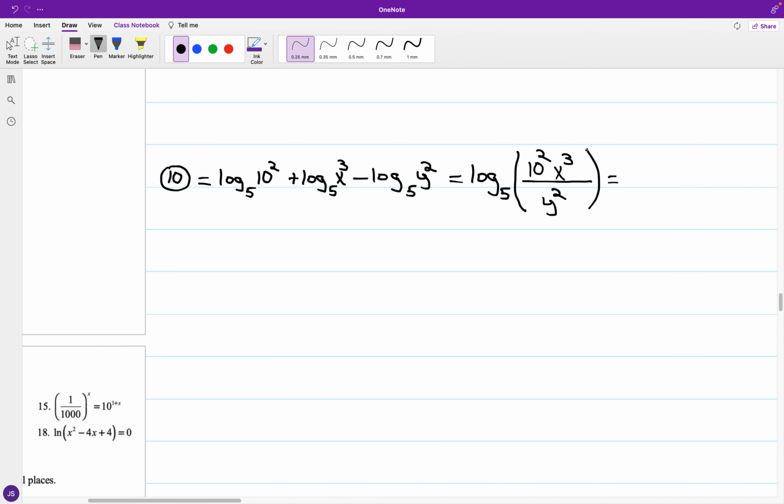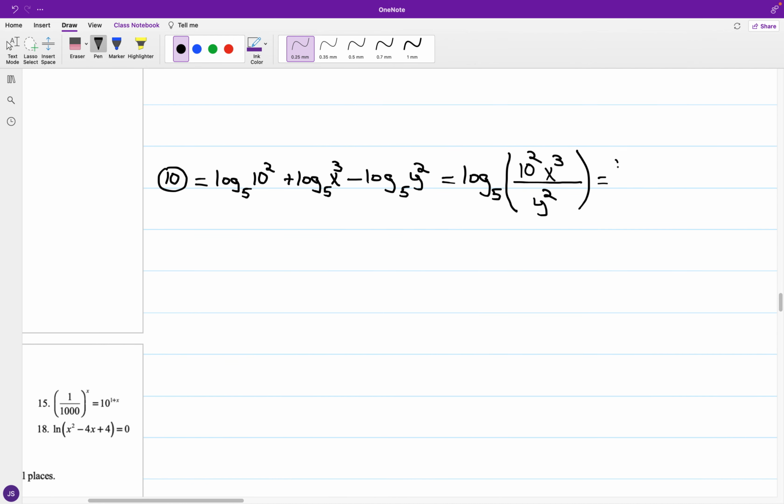And 10 squared, I can just specify that numerical value. Now, if you had a written exam and you left it as 10 squared, I would count that as correct. And 10 squared is 100, so we have 100 x cubed all over y squared.